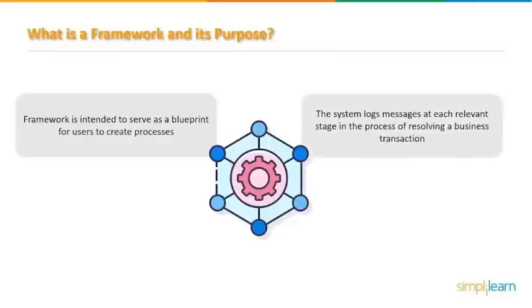The system logs messages at each relevant stage in the process of resolving a business transaction and sends those logs to the orchestrator server. This in turn can be linked to the ELK stack, which is Elasticsearch, Logstash, and Kibana platform, which allows for data storage and a variety of different ways to represent the data.